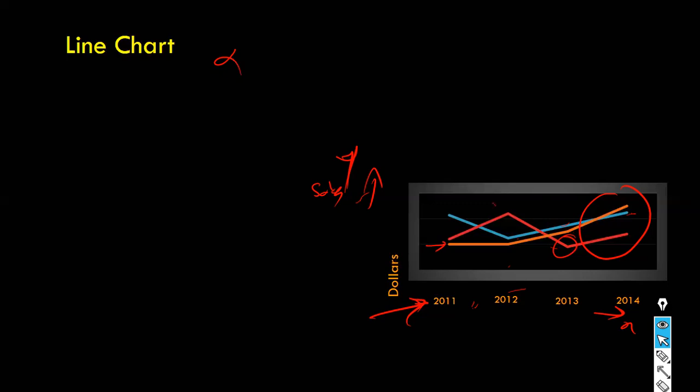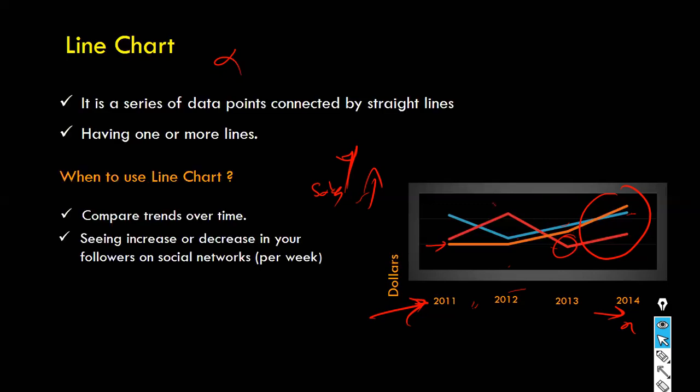Okay, next one is, as I discussed, when to use a line chart: to compare trends over time. If you see 2011 to 2014, what is the trend? We can see an upward trend here, somewhere it has fallen down. The line chart can have 1 or more lines in it.